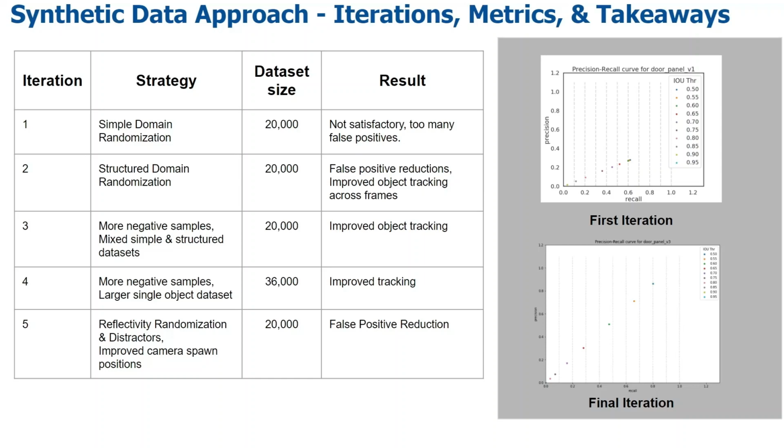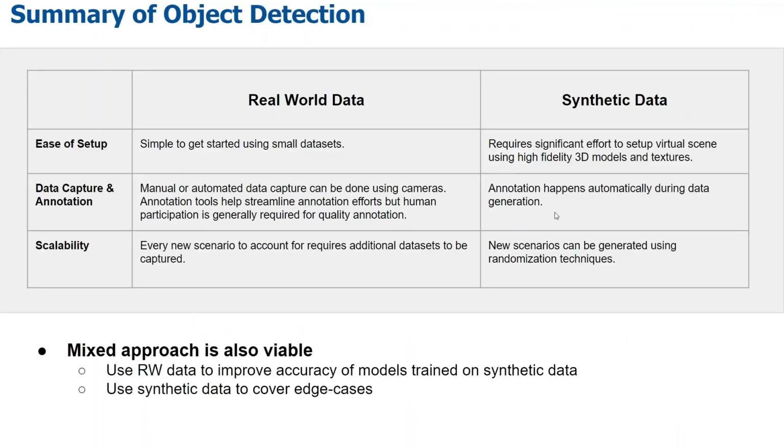Now that we've gone over both approaches, let's review what we've seen so far and compare them. In terms of setup and initial testing, small real-world datasets are easier to collect and use for training. As data requirements grow, synthetic data would be a more suitable approach. Once the initial setup for synthetic data is complete, additional data generation becomes much easier to do.